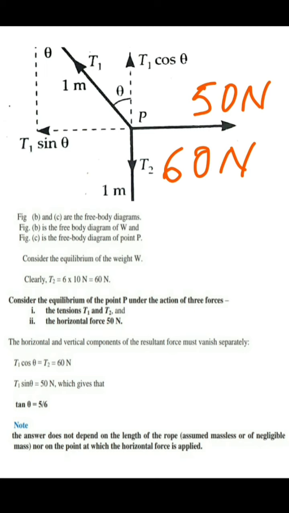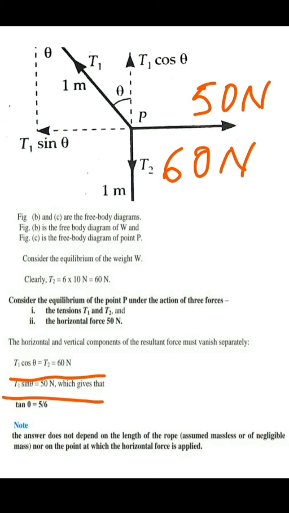Now you can equate the forces component wise. For the point P to be in equilibrium, the forces in x direction and y direction should be balanced separately. For balancing the forces in x direction, T1 sin theta is equal to 50 Newton. Similarly, for balancing the forces in y direction, T1 cos theta is equal to 60 Newton.